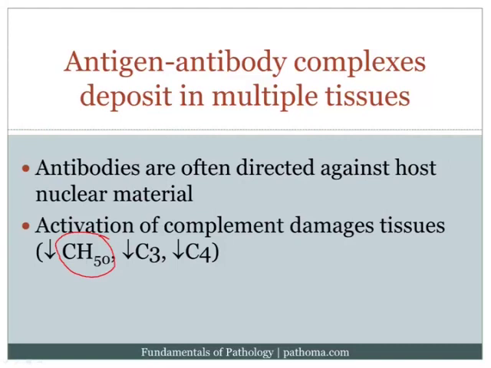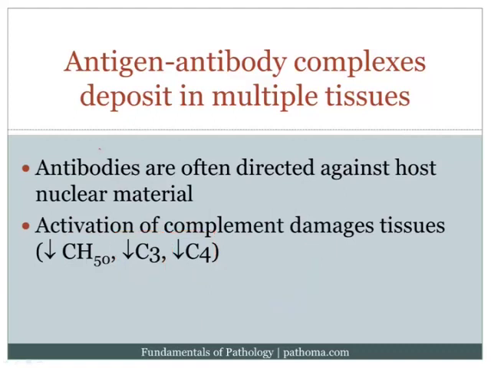CH50 is a test which looks at the function of the patient's complement, and it particularly looks at C1 all the way through C9, and tests the ability of the patient's complement to lyse red blood cells. And so if there's a decrease in the CH50, it indicates that complement components are being used. The patient's C3 and C4 levels will also be decreased, and that's because they're using complement components as tissues are getting damaged.